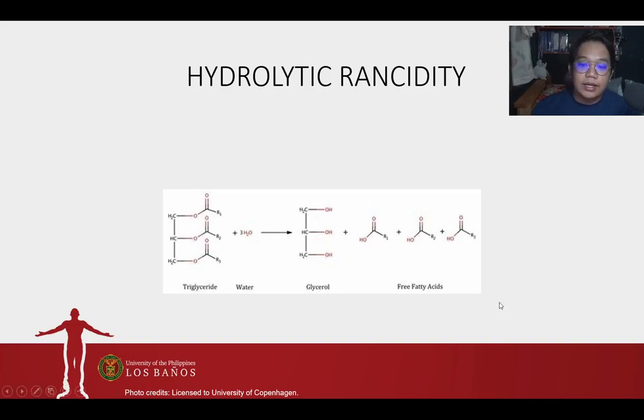That's why in free fatty acid determination or free fatty acid number, we determine the amount of free fatty acid, yung ating fatty acid na natanggal na from the TAGs, that will be used to neutralize by the KOH. Okay?